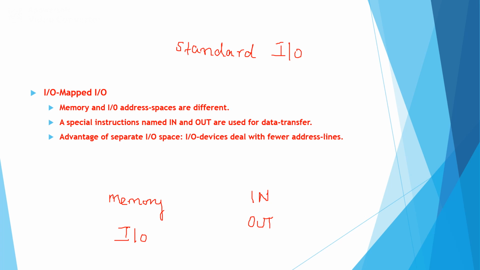The user can access the IO devices connected to the processor. High-level languages like C also support this method of IO interfacing by providing instructions like input, output, etc.